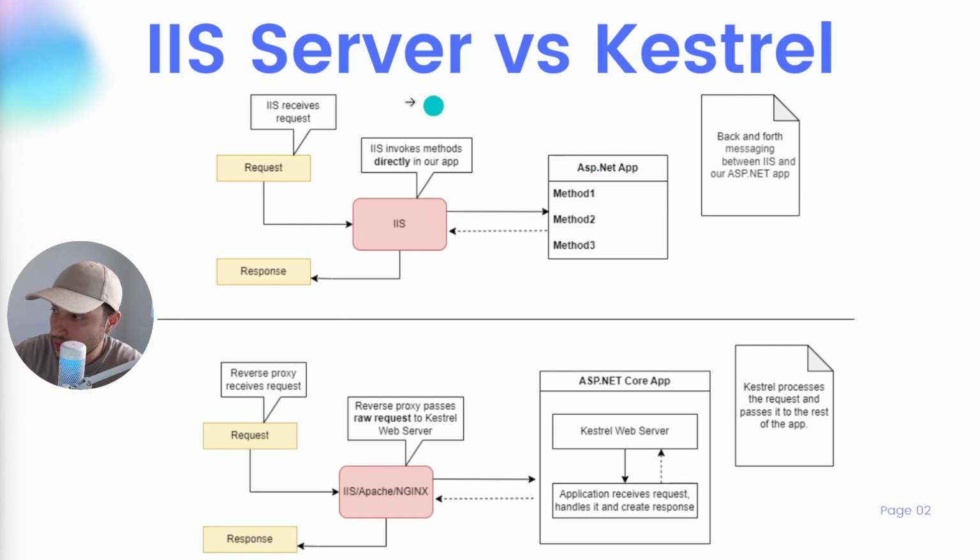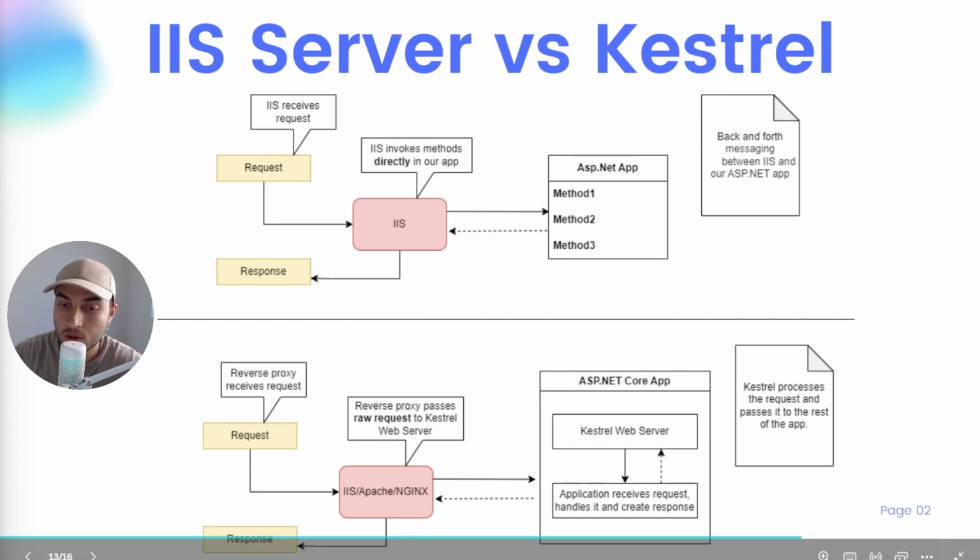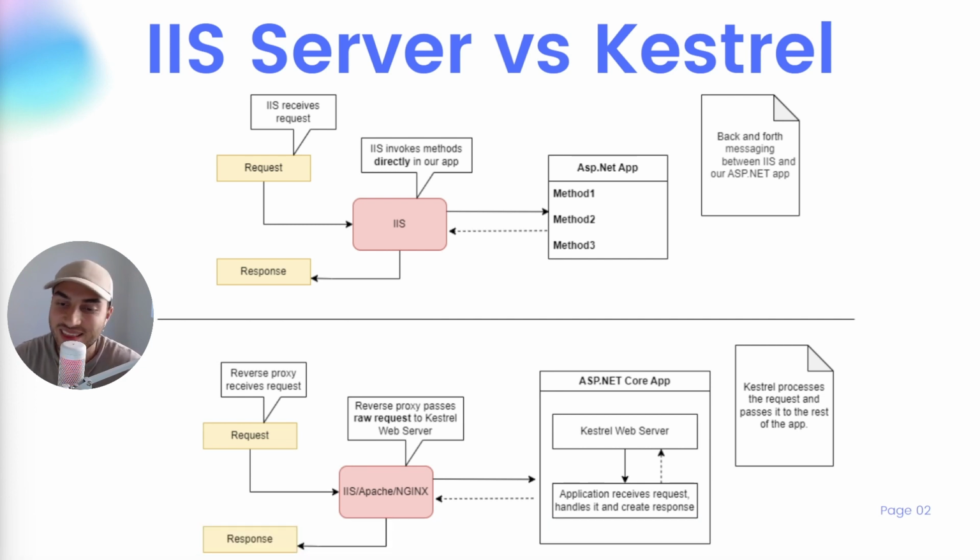As you can see in the first approach, IIS was in charge of invoking methods directly in our application. But with this new approach, the reverse proxy is only focused on proxying the request to the corresponding web server, but has no deeper understanding of how the application works, okay?